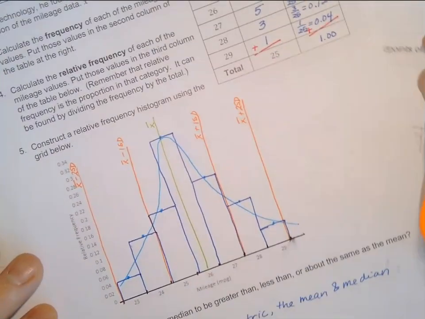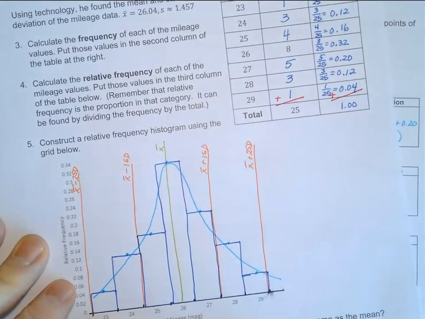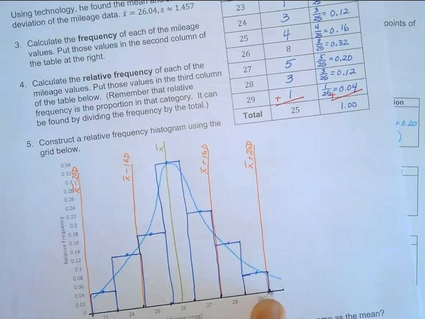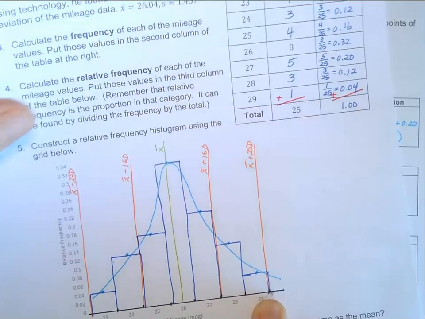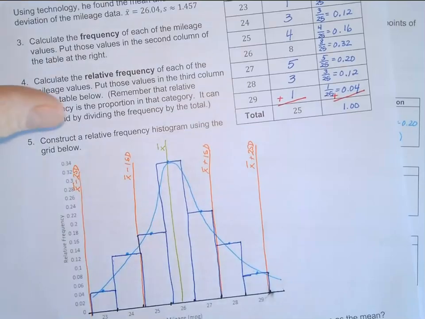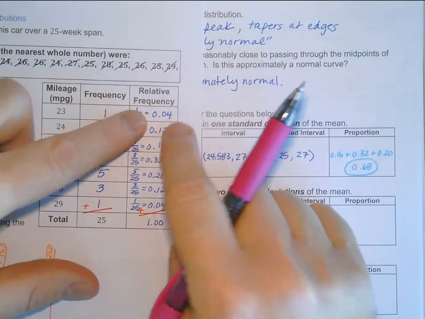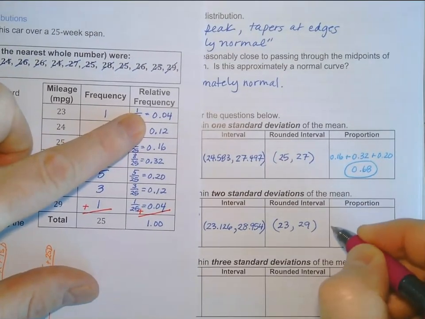Well, notice now I have to take the middle part, right? And I have to add the 23 and the 24's proportion to the middle part and then add 28 and 29's. Do you see that? So, here. So 23 is the 0.04.